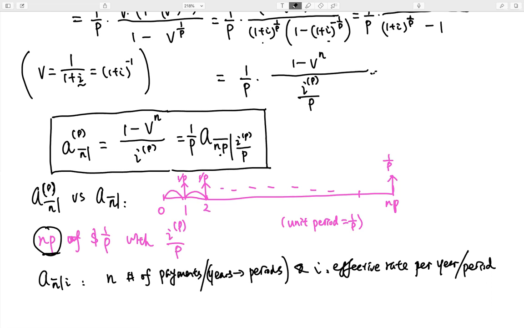Once we studied the present value, of course, the next one would be the accumulated value. So let's write down the accumulated value. So obviously it would be at time n, because that is the end of this special annuity. Everything's still the same. We would want to use s because it's accumulated value. We still put upper p to distinguish everything.